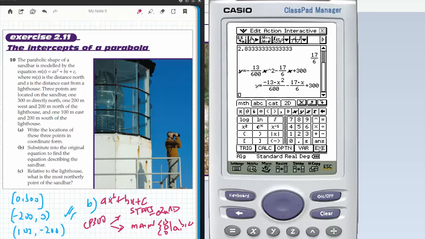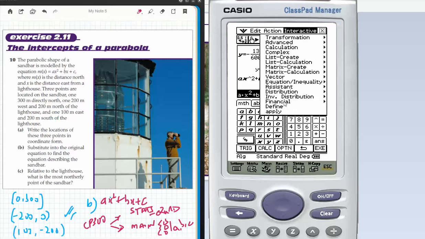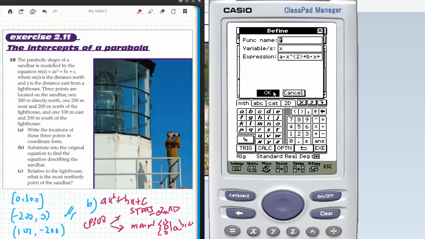The other way of solving it is to use the Main component and choose simultaneous equations. So what I'd like to do is define this function. I'm going to go Variables, ax squared plus bx plus c, and I'm going to take that and define it, Interactive, Define, call it f(x).